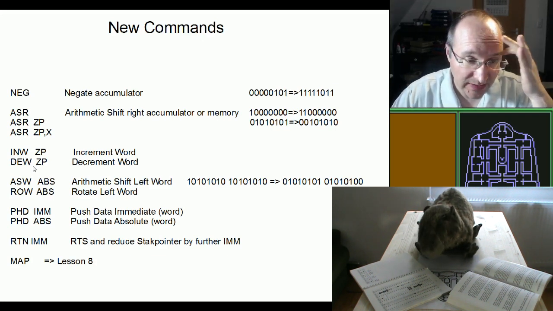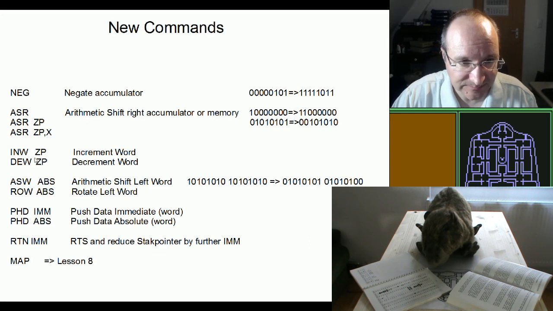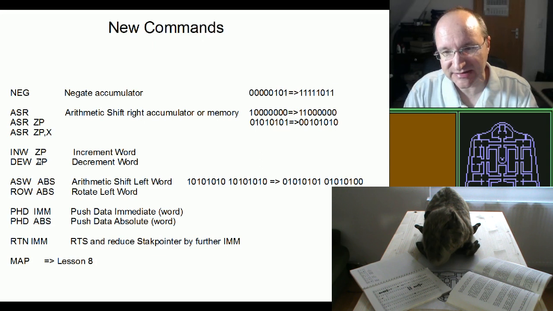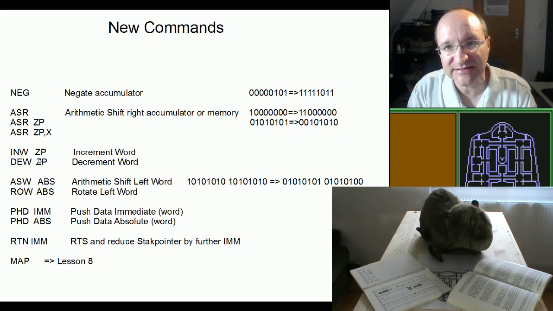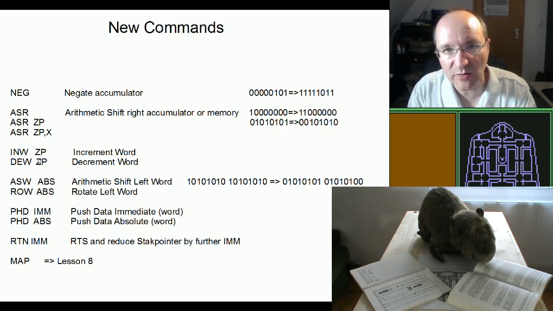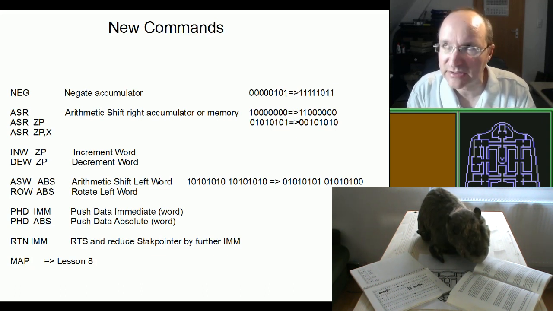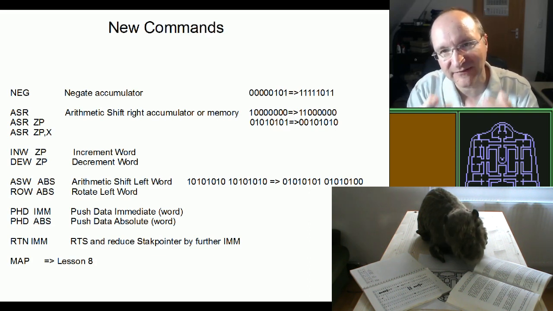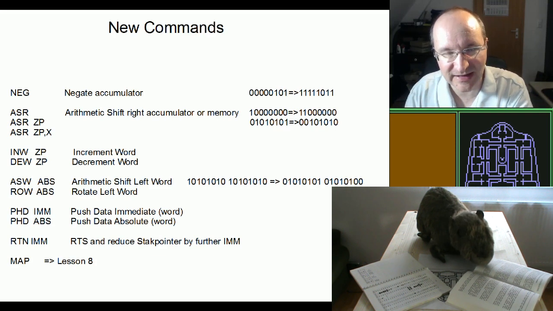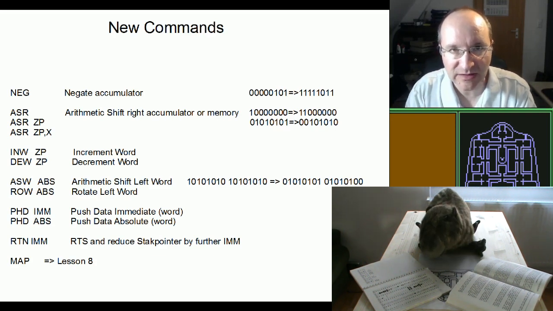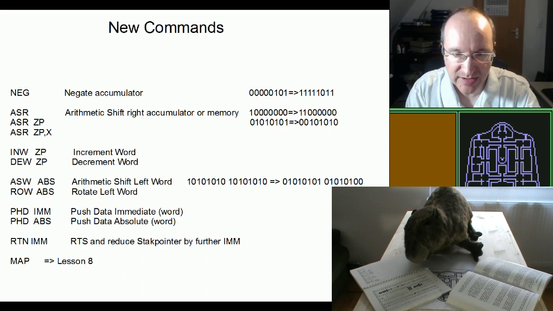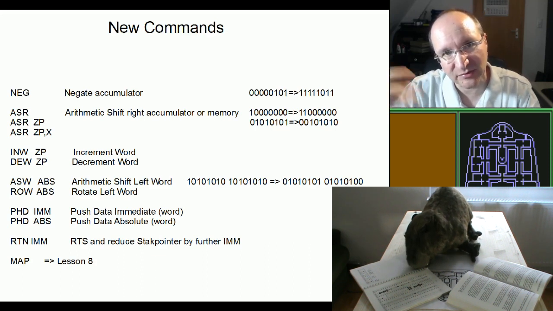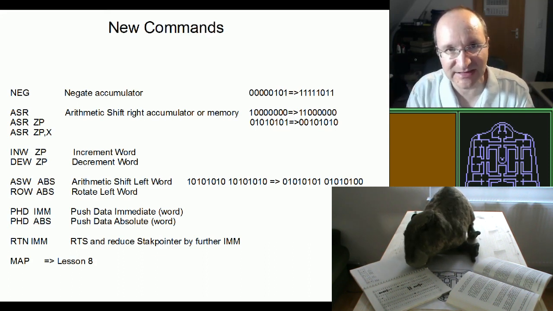So you give here an address, and then this address is, for example, incremented, and if it runs over 255, then of course it runs over to 0, but the next higher memory cell is also incremented by 1.